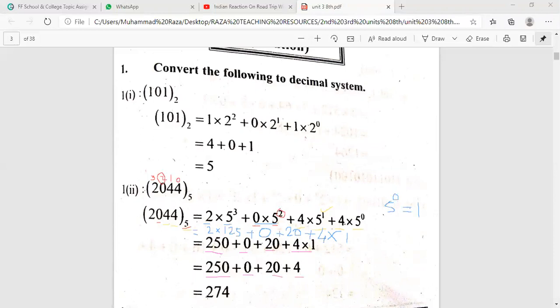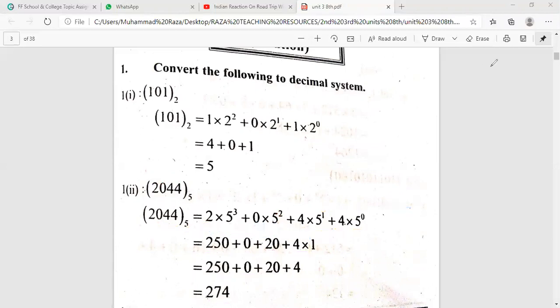And when we add them, we get 274. So this is the answer, and this number is in the decimal system, because in the decimal system, what numbers are involved? 0, 1, 2, 3, 4, 5, 6, 7, 8, 9. So there is 2, 7 and 4. These are the digits which are involved.